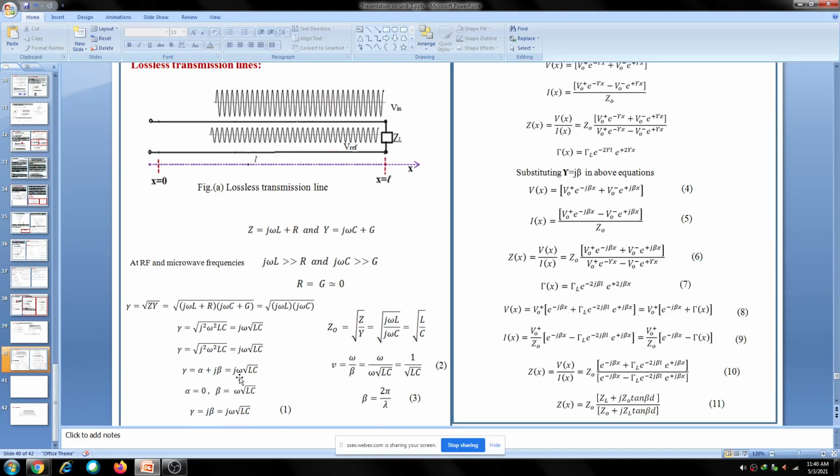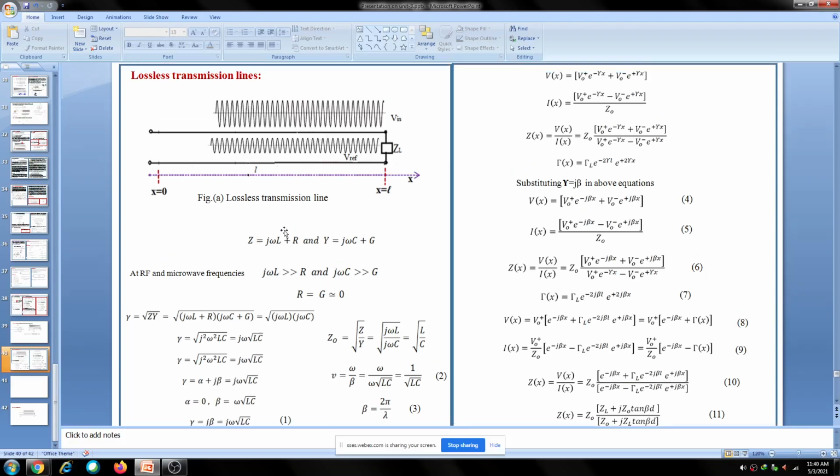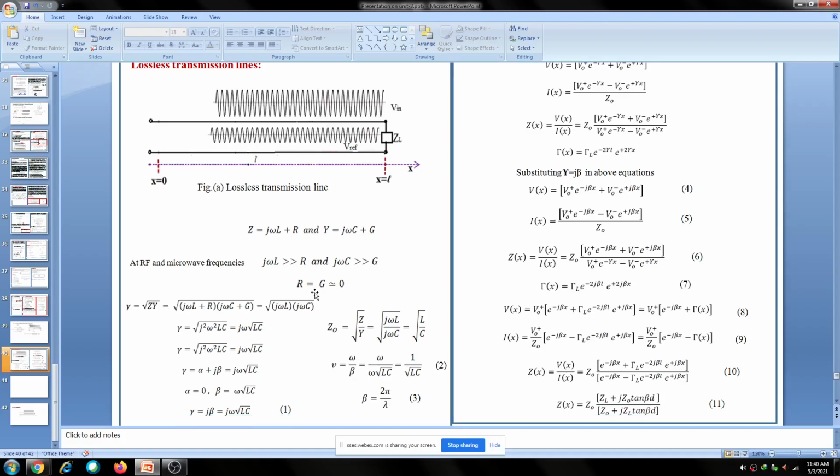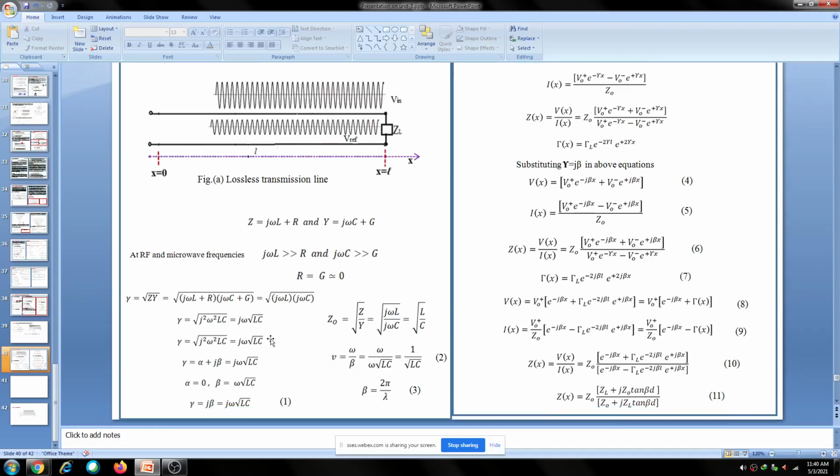The propagation constant is alpha plus j beta; we represent it this way because it is a complex number. Now we can see that at a very high frequency, the line becomes lossless. Lossless means R and G are 0.